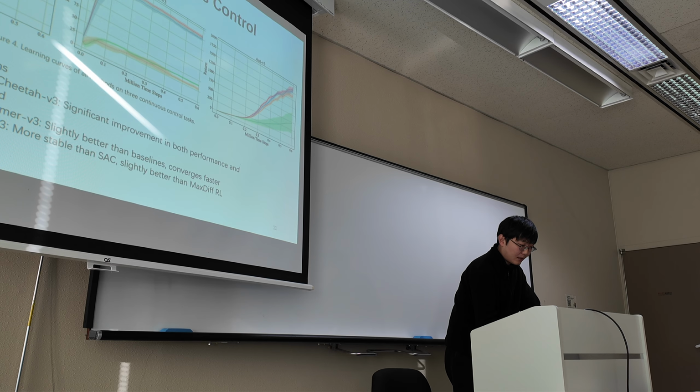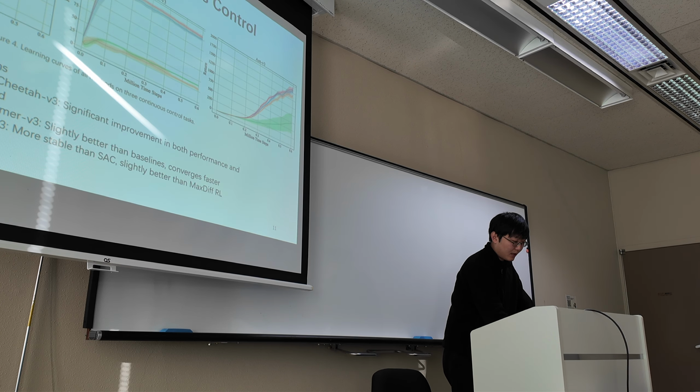The x-axis shows the number of training steps, and the y-axis shows the cumulative reward. The higher the better. The red line in the figure represents our method, and the shaded area is the 95% confidence interval, which reflects the stability of the algorithm.